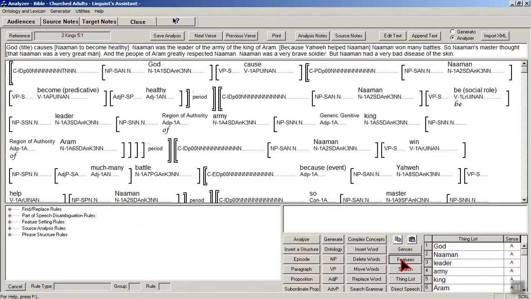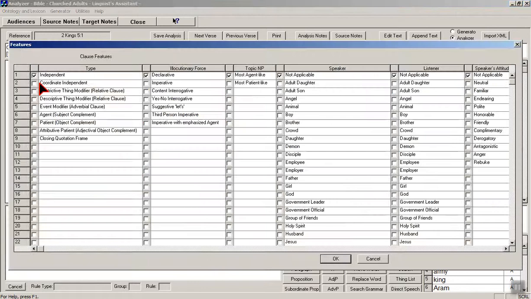Now you can also click on features as one of the buttons on the lower right, and then click on this here. Okay, so there are clause features, and independent means it's a main clause. So that's what we want. There are other possibilities for other types of clauses, like a restrictive thing modifier would say like the man who was from Syria.